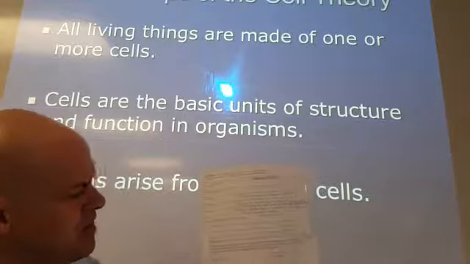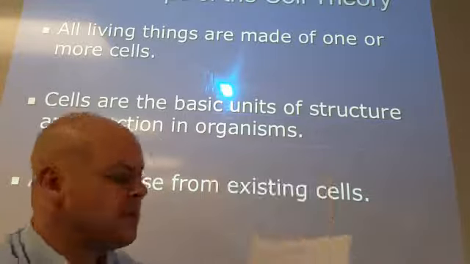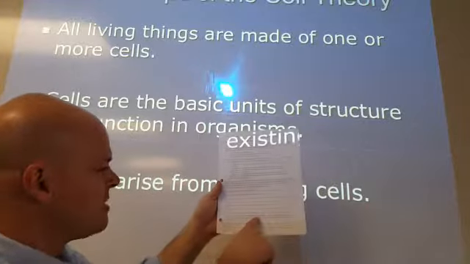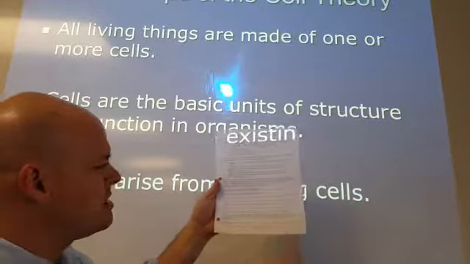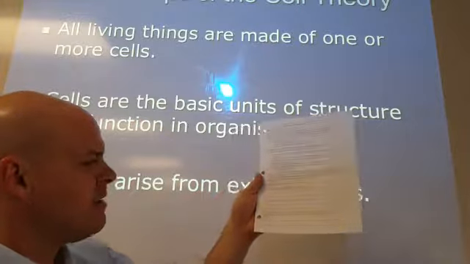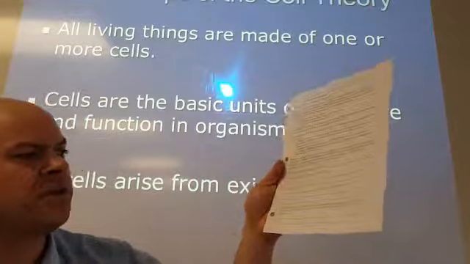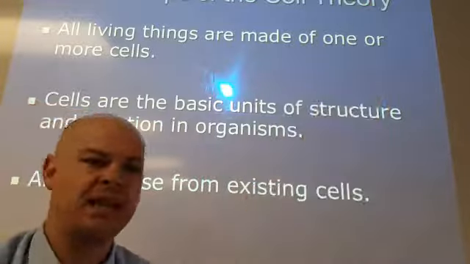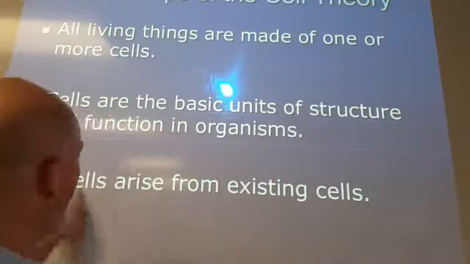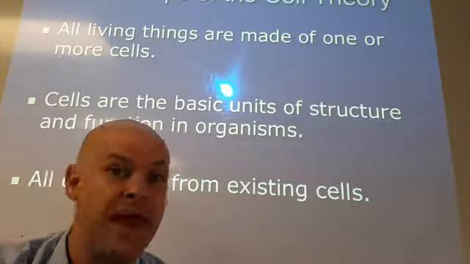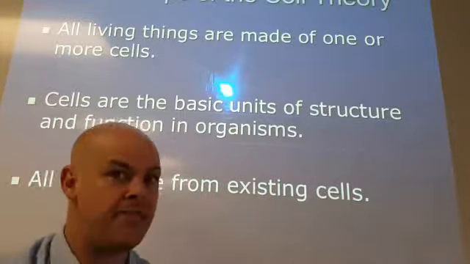What are the parts of the cell theory? There's 1, 2, and 3. As a matter of fact, if you flip the page over and take a look at number 4, a friend tells you they read somewhere that rotting garbage can turn into maggots, which are fly larvae, and the maggots then can grow into adult flies. What part of the cell theory could you use to refute that claim? All cells have to come from existing cells. Every cell, including the maggot cells, has to come from existing maggot cells.